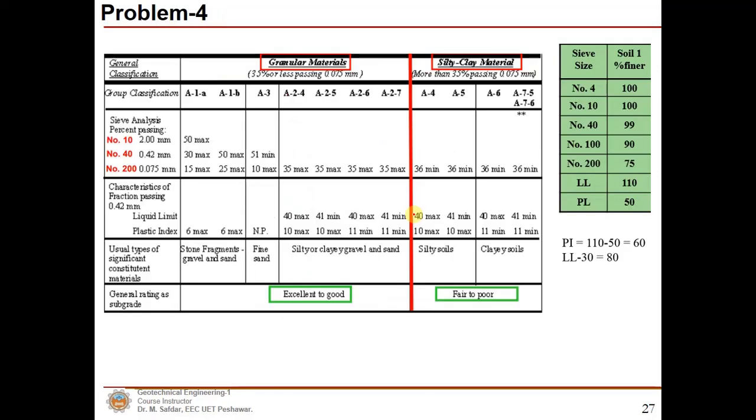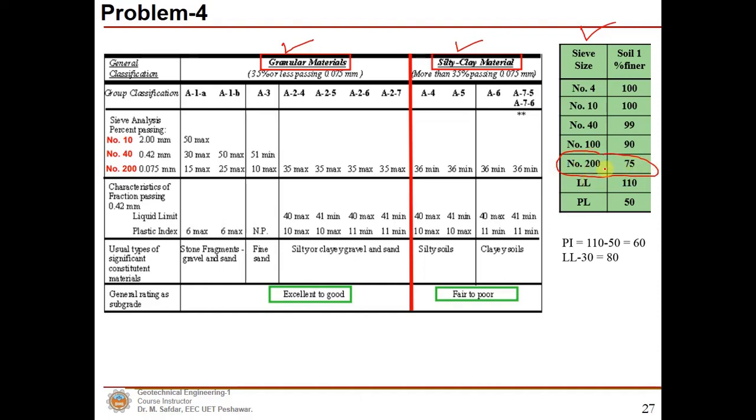Now we need to classify soil 1 based upon the data from the sieve analysis, and we are also given the table for the granular and the silt-clay material. We need to determine from left to right. First of all we need to answer the yes or no questions, and then move from left to right. For example, if I start from the number 200 sieve, how much is the percent finer?